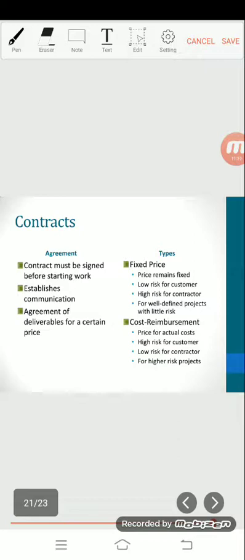In a fixed price contract, the customer and the contractor agree on a price for the proposed project, while in a cost reimbursement contract, the customer agrees to pay the contractor for all actual costs, including labor, materials, and so forth, regardless of amount, plus some agreed upon profit.